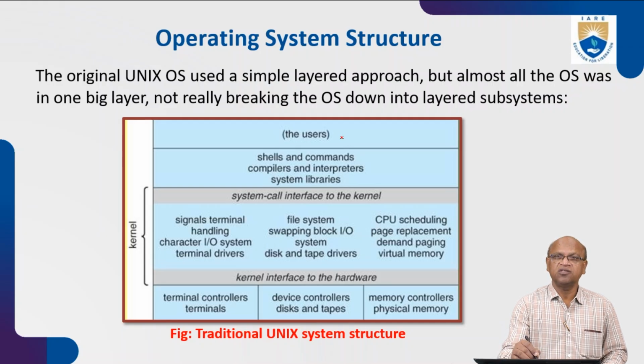One layer is users and shell commands, and then the system call interface to the kernel. Then there are signals, terminal handling, the IO system, terminal drivers, the file system, CPU scheduling, page replacement, demand paging, and virtual memory. The kernel interfaces to the hardware: terminal controllers, device controllers, and memory controllers. This is the traditional Unix system structure.